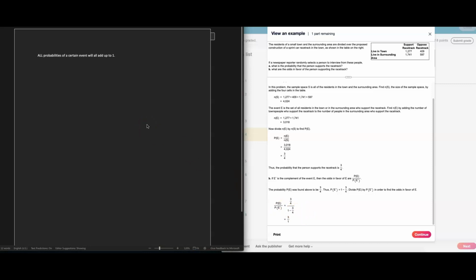Because if they're basically saying the probability of E is 3/4, and you don't know this yet, but the probability of not E is 1/4, what do I get whenever I add 3/4 and 1/4 together? I get 1. Okay, so that's how they find the probability of not E. I don't know if that clarifies it at all for you, but I hope it does.